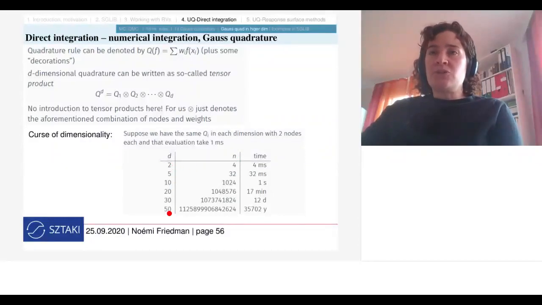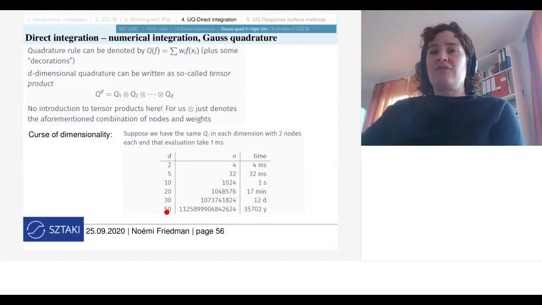But with the dimension, you can see, so this is always using a 2-point rule, a one dimensional rule in all the dimensions, and you can see that with the dimensions how the number of the points blows up.